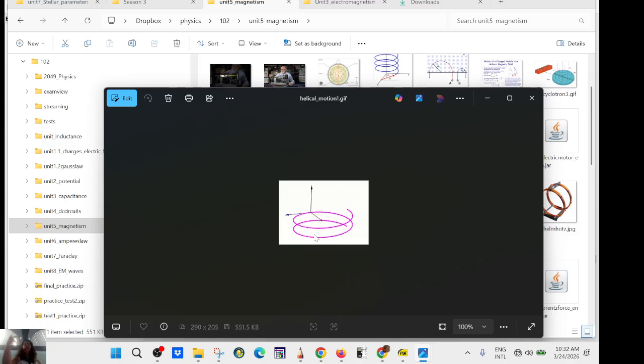If the velocity has two components, one that is perpendicular to the magnetic field and one which is parallel to the magnetic field, two things will happen at the same time. It's going to move forward, but at the same time, it's going to be deflected. So this is called helical motion.